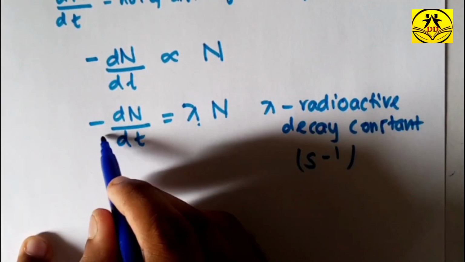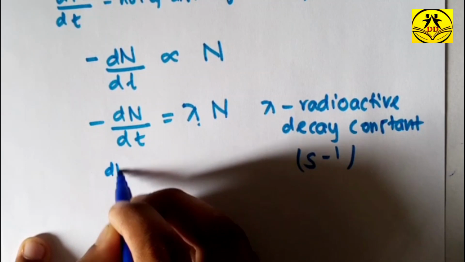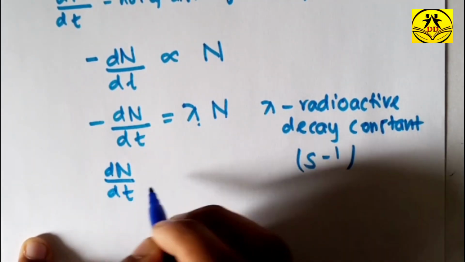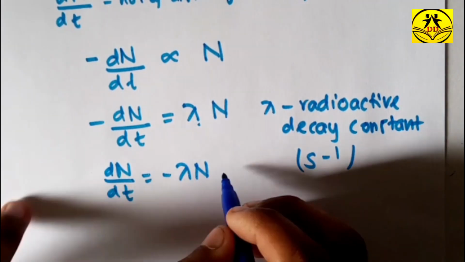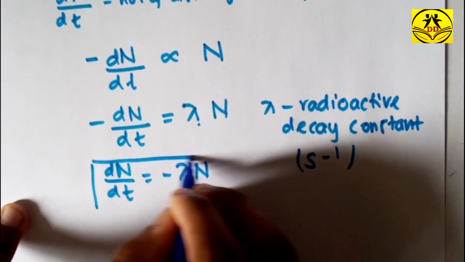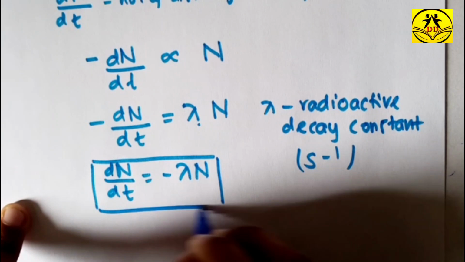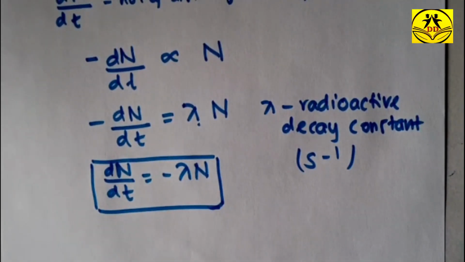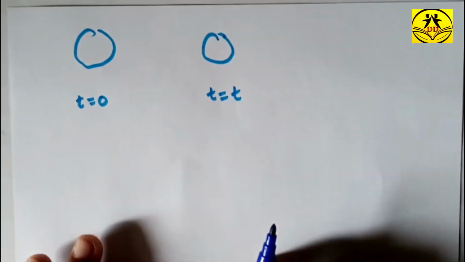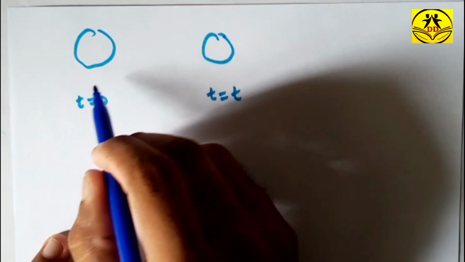We take this negative sign to this side. This is the law of disintegration in terms of the number of nuclei existing in the sample and the number of disintegrations per second.